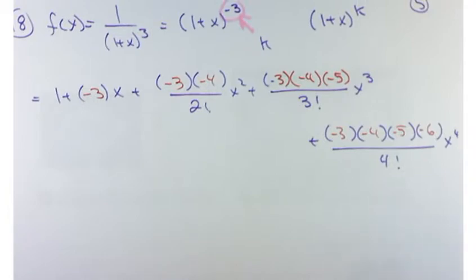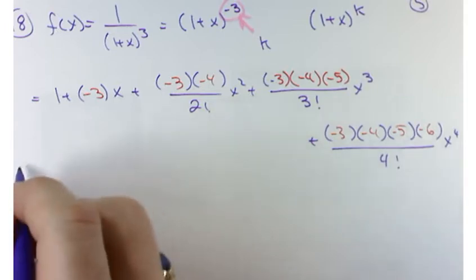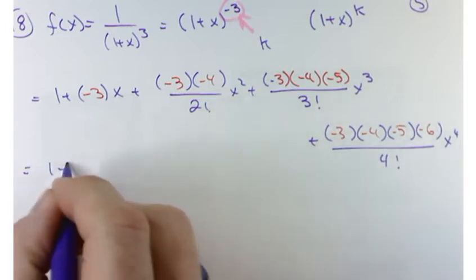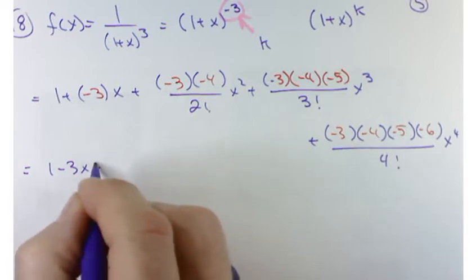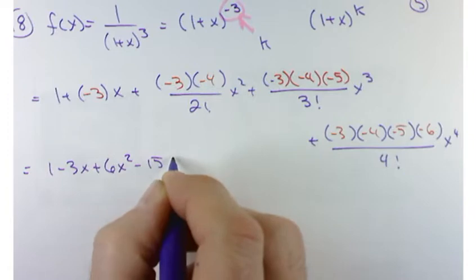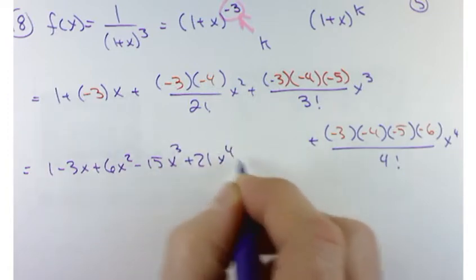Now the radius of convergence for this one is 1. I think this will simplify to 1 minus 3x plus 6x squared minus 15x cubed plus 21x to the 4th.